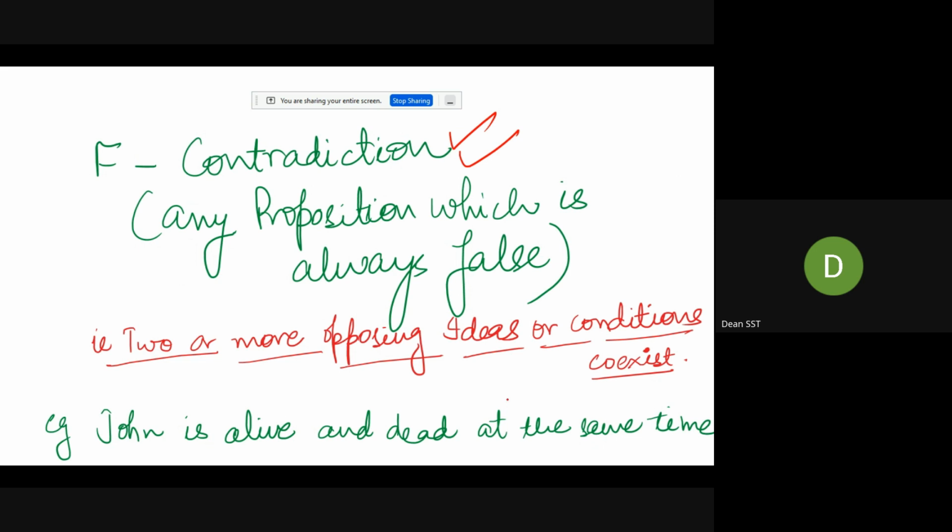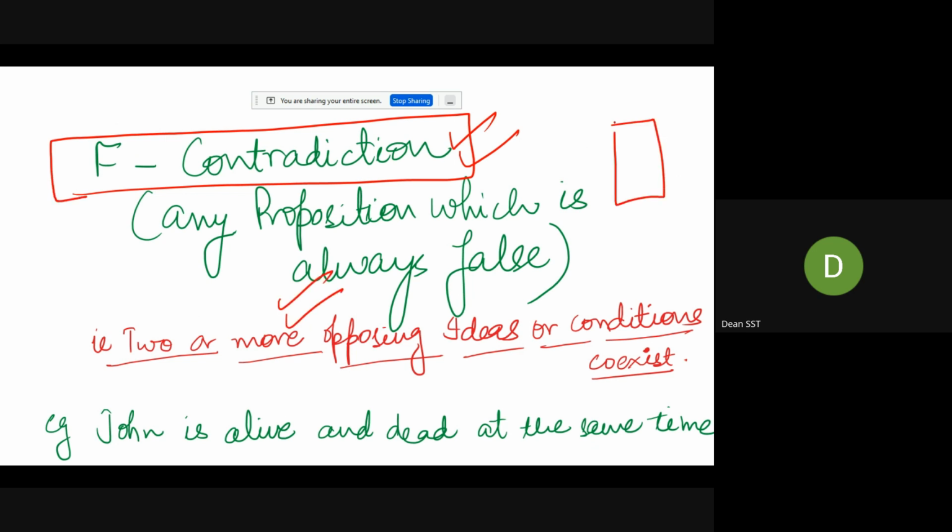In a similar fashion, if for any proposition we always get the value false, then that proposition is a contradiction. So here we are defining two types of proposition. How do we define contradiction? Contradiction is any proposition for which the value is always false. See here in the table, I am filling in false values.